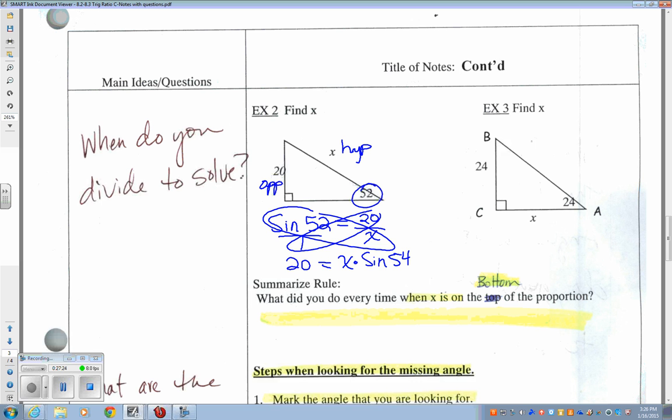What would you have to do to get this x by itself? You divide. So we would have to divide by the sine of 52 on both sides. That would cancel out, okay? And so basically x is 20 divided by the sine of 52. So now we're dividing to get x.